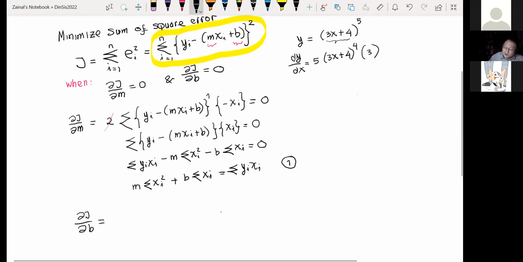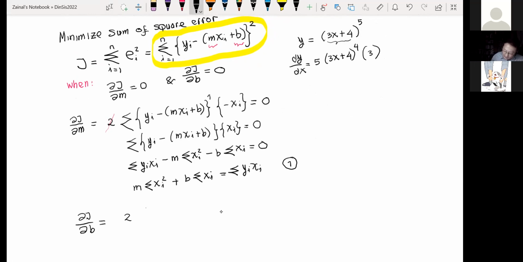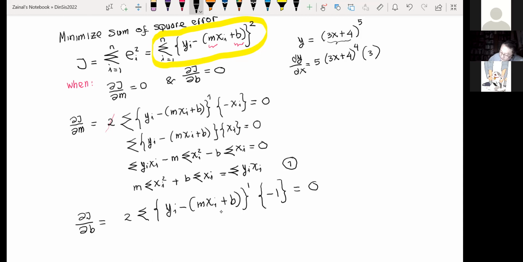If you do this, what you have is 2 sigma yi minus m xi plus b to the power 1. Okay, we derive with respect to b, so this one is minus 1, equal to 0.